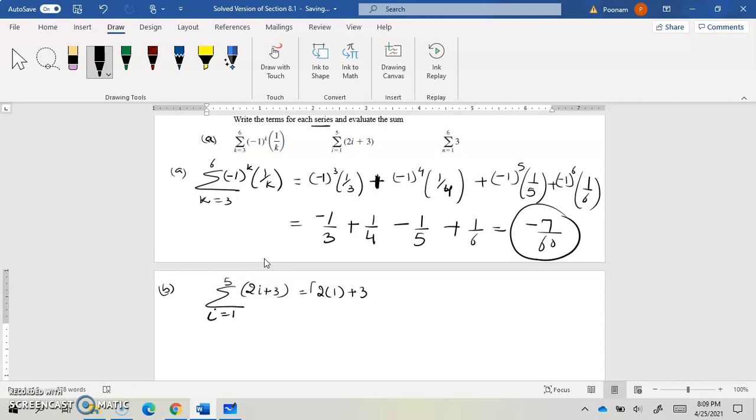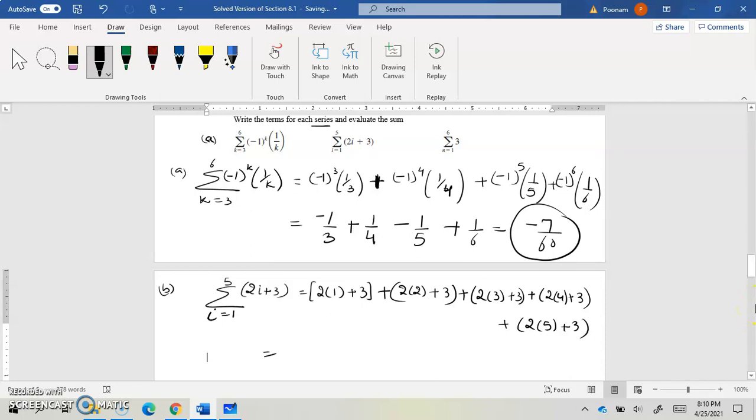That is when i is 1, plus, for sigma, it's a summation, i becomes 2, 2 times 2 plus 3, plus 2 times 3 plus 3, plus 2 times 4 plus 3, plus 2 times 5 plus 3.